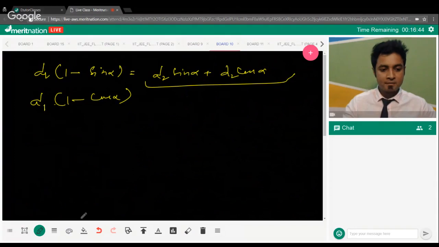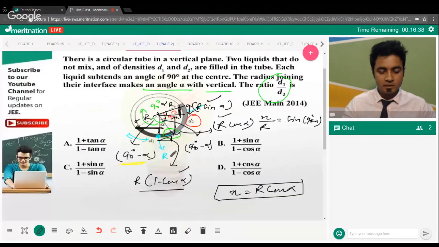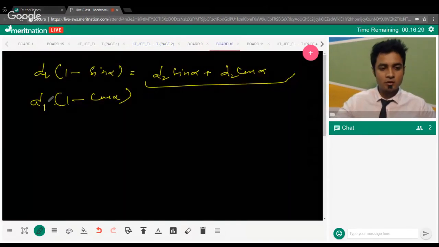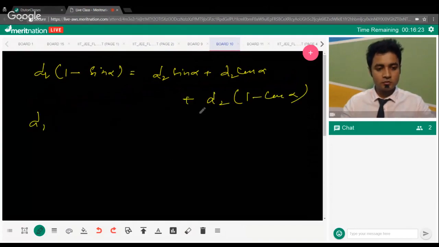Okay, just a moment. This figure is pretty confusing, guys. Yes. Okay. Again, this has to be on this side only. The only thing we need to do is d1 here.